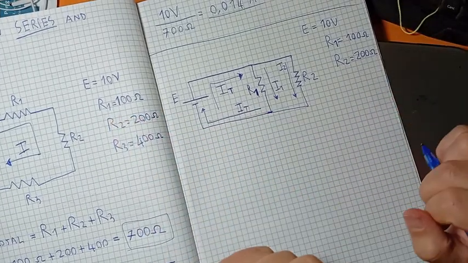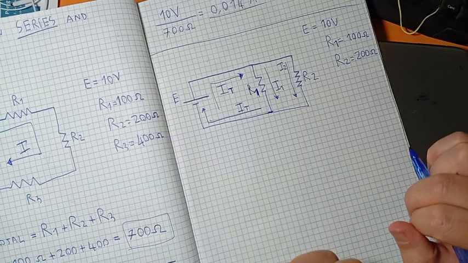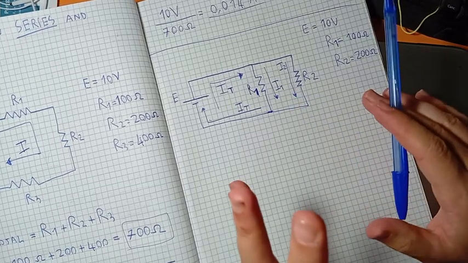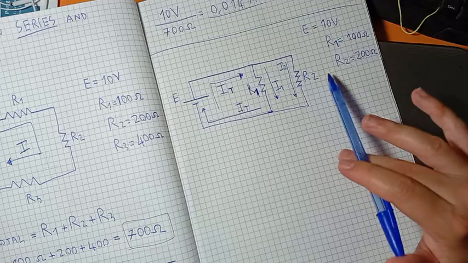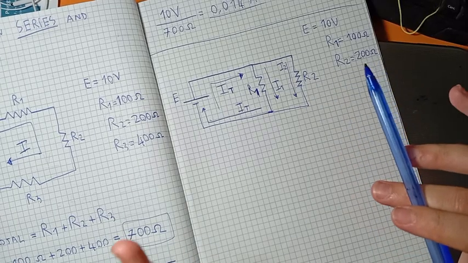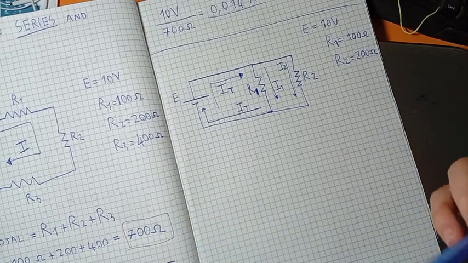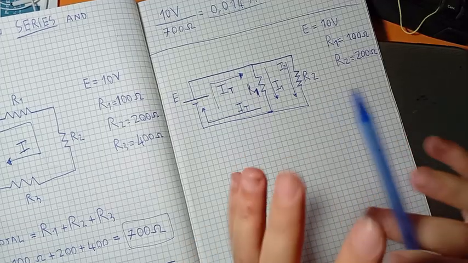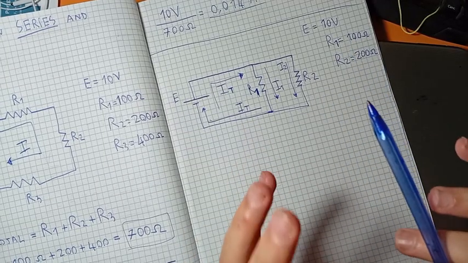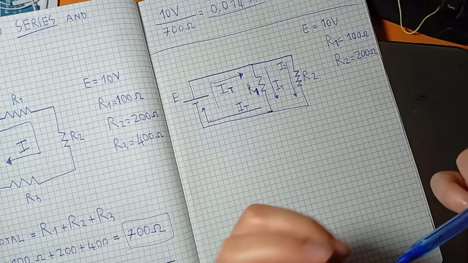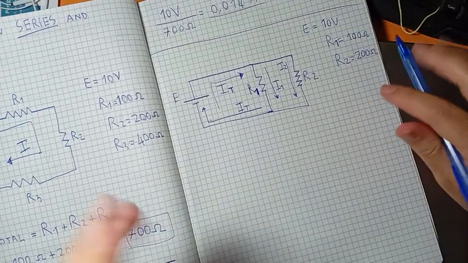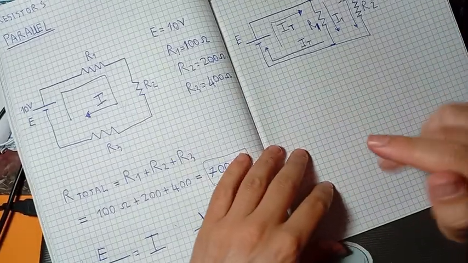And what about the total resistance? Well, I cannot do R1 plus R2 in this case, because my result will not be correct. When they are in parallel, there is another way to calculate the total resistance. And how could I do? In this way.